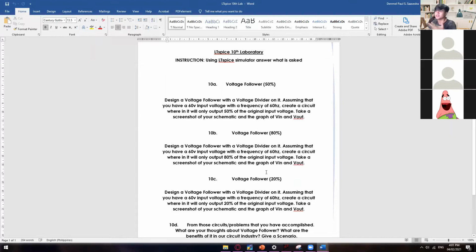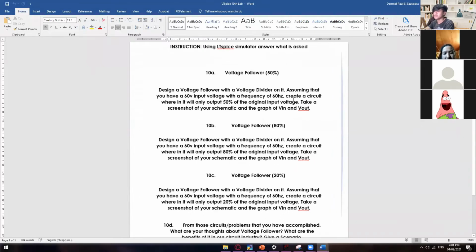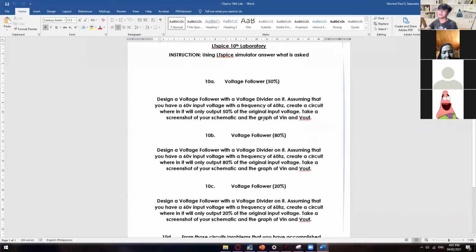Again, as I mentioned a while ago, it cannot amplify, but you can control the voltage output. So I'll let you guys read this one for 10 seconds, and then verify it one by one.